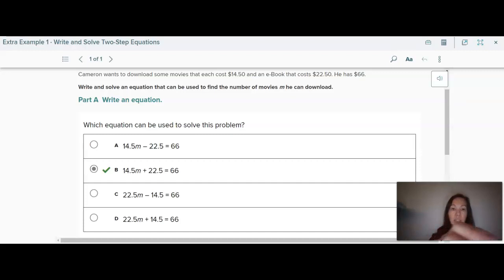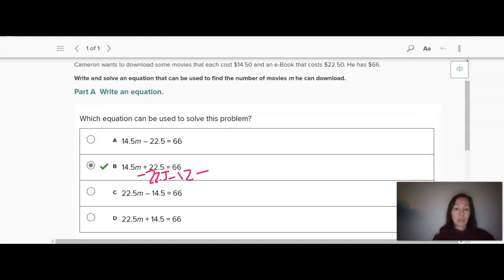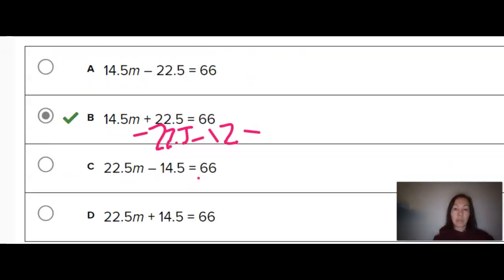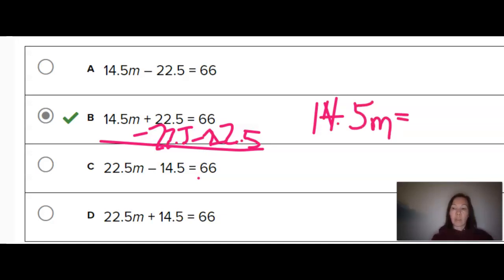So if we go through the steps here, we would subtract 22.5. This is not writing very well for me. So 14.50m equals 43.50.